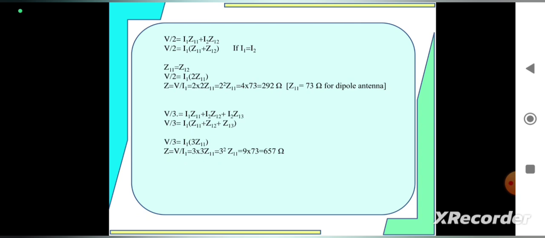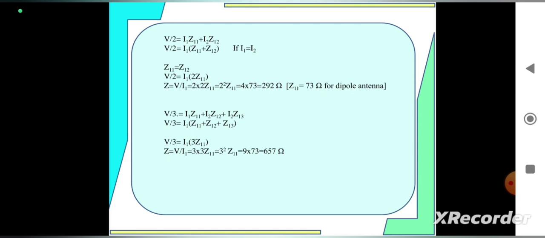Here Z11 in a dipole antenna is equal to 73 ohm. So V by I1, taking the numerator term into the denominator, is equal to 2 into 2 Z11, that is 4 Z11, and Z11 is 73 ohm.